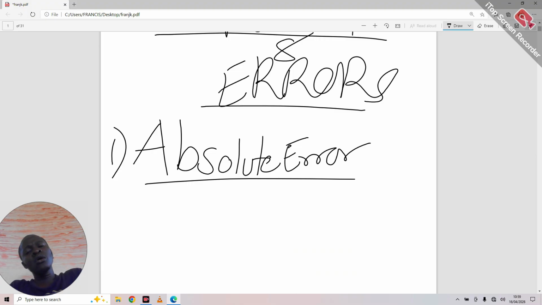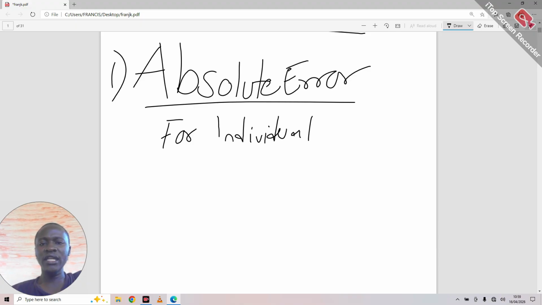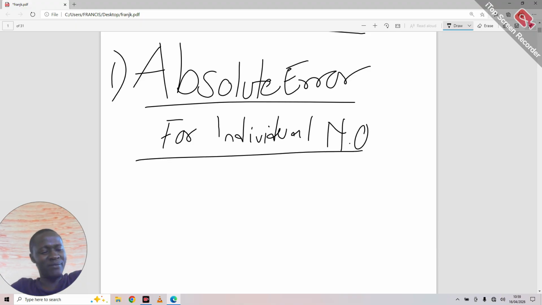Now, we can get absolute error in various ways. Way number one, for individual numbers. What do I mean by individual numbers?